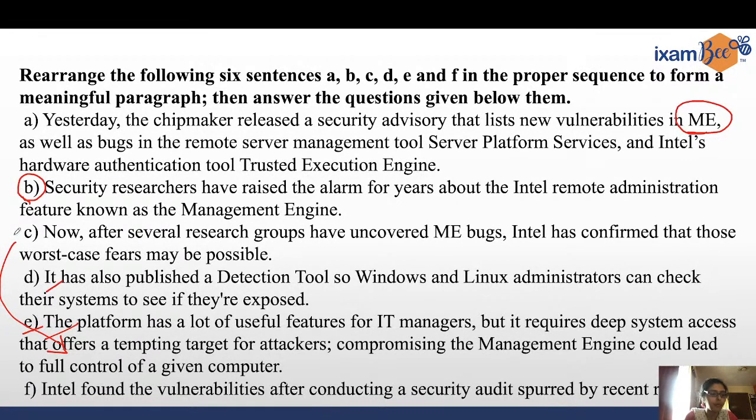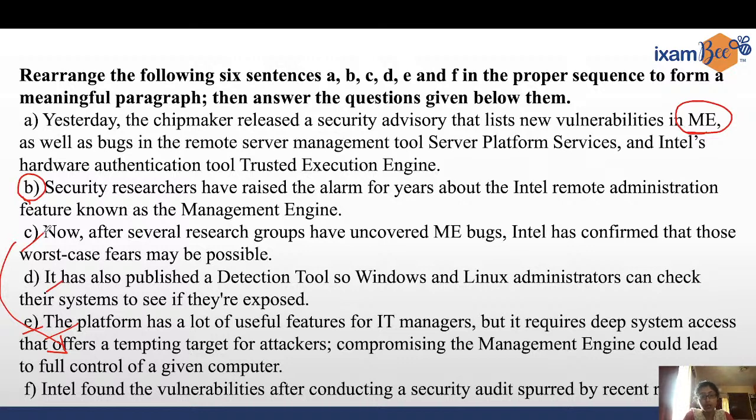Fine, so we know B, then E, then C. Now, what is Intel doing? Intel has confirmed that things can go wrong. But they need to tell the common people, publicize this, tell people that yes, there are valid reasons to get worried.